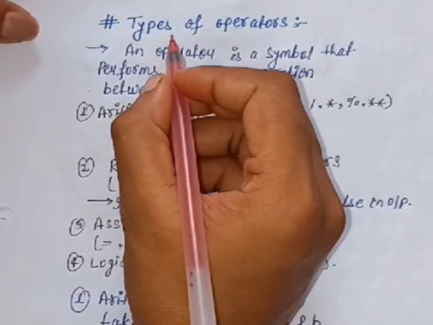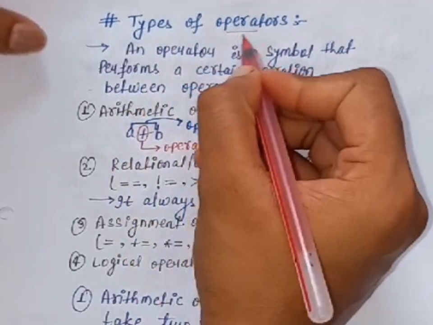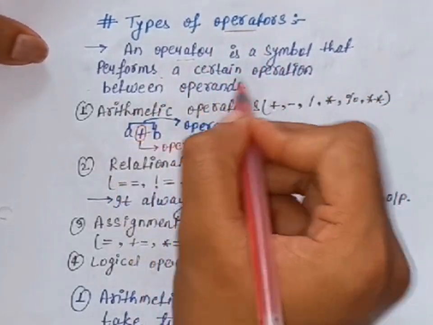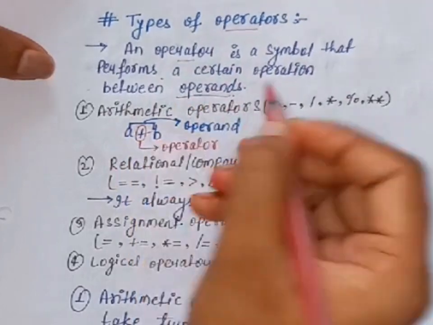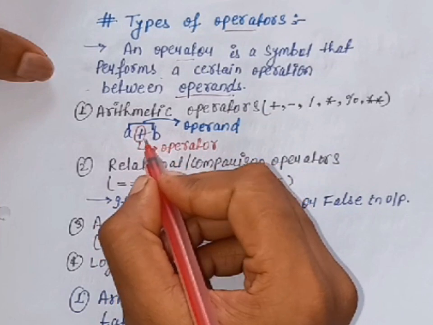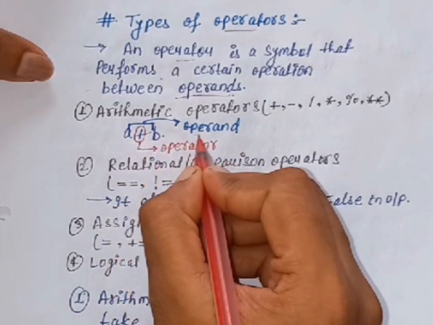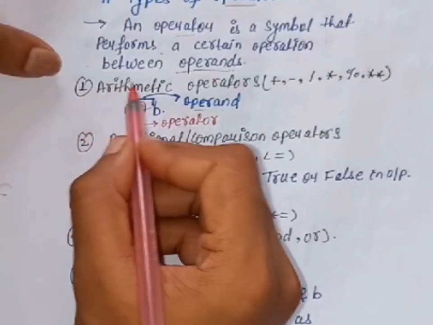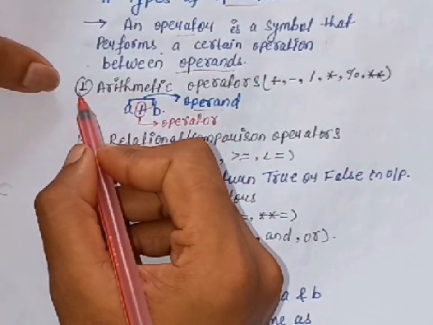Now we'll discuss types of operators in Python. An operator is a symbol that performs a certain operation between operands. Means here I had taken an example a plus b, where a and b both are operands and plus symbol is an operator. There are 5 types of operators in Python.